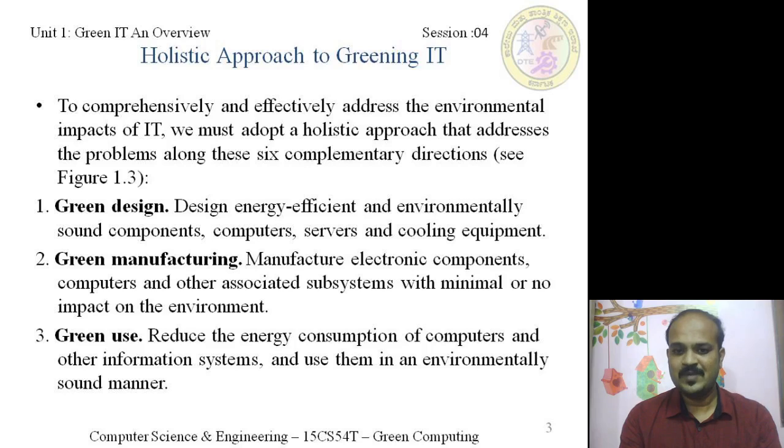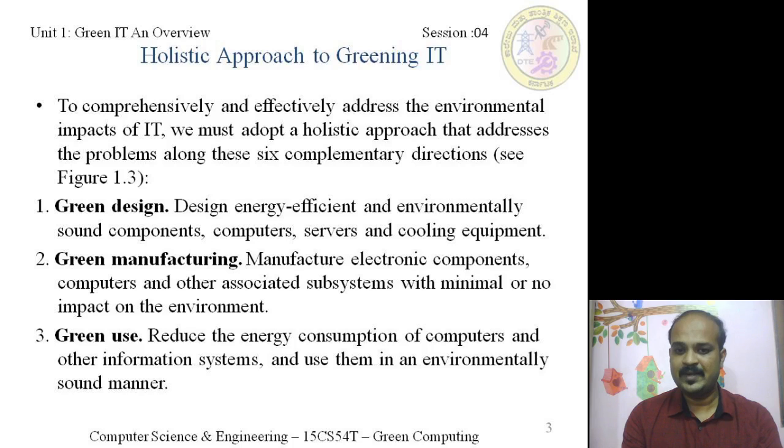Sometimes you cannot completely remove that impact, so that's why they mention minimal impact on the environment. During this manufacturing, they make sure that the process does not have any impact on the environment. So how can you avoid the impact on the environment?